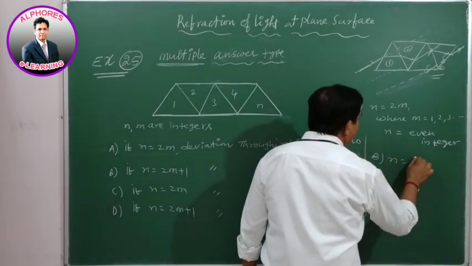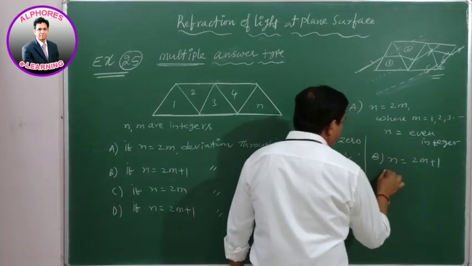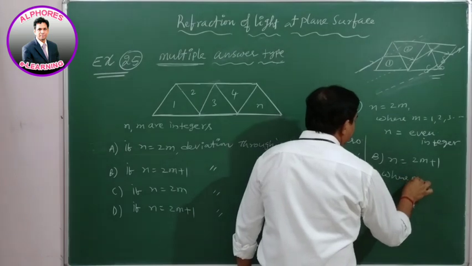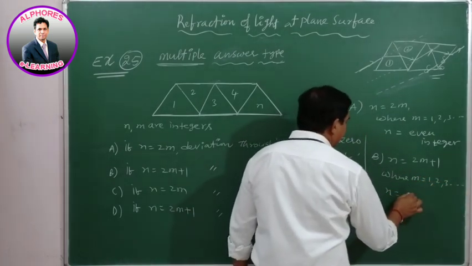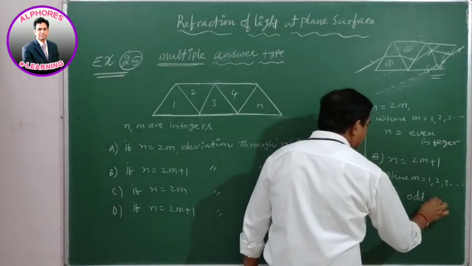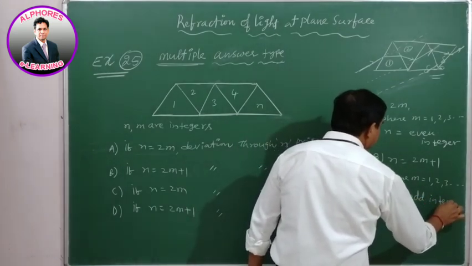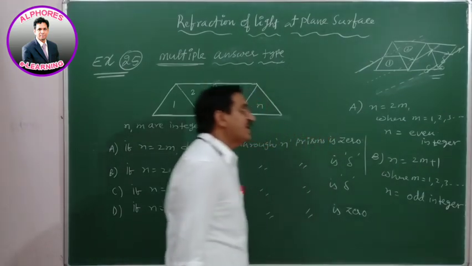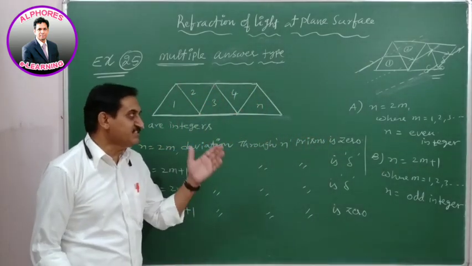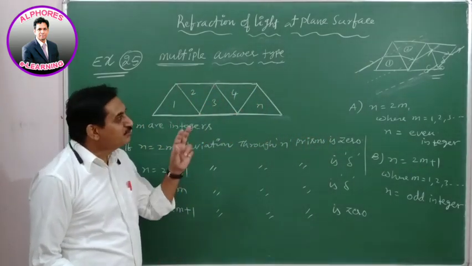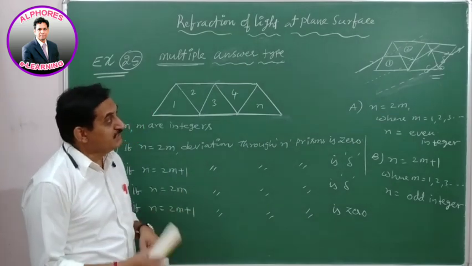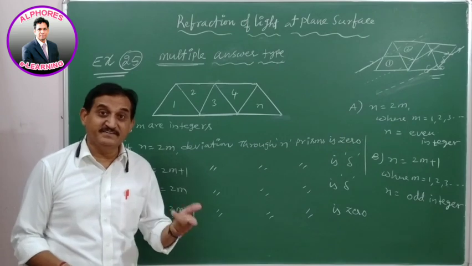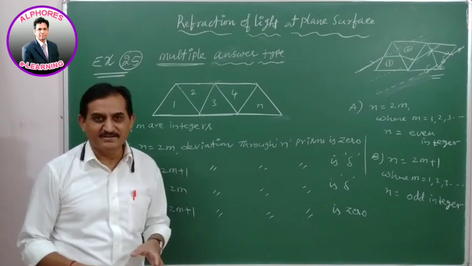If n is equal to 2m plus 1, where m is equal to 1, 2, 3 and so on, so n is an odd integer. We discussed now that two prisms give net deviation 0. When the third is joined, then again deviation occurs, that is delta.